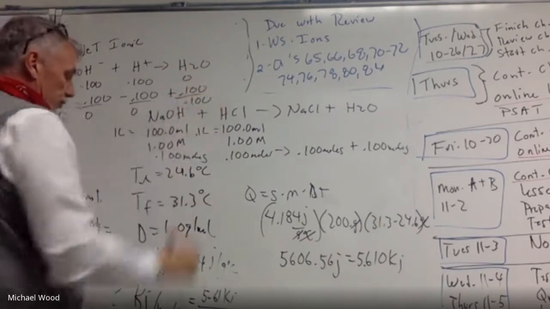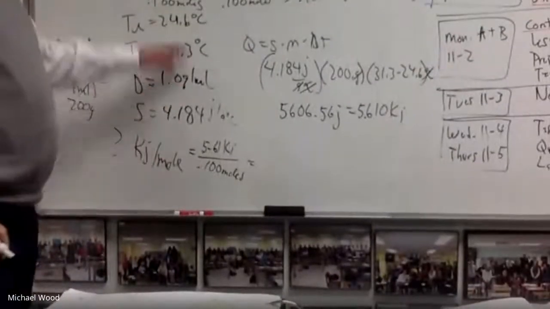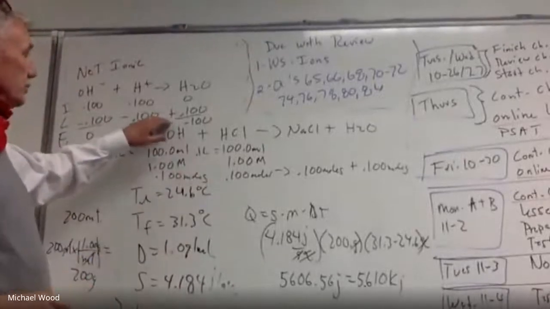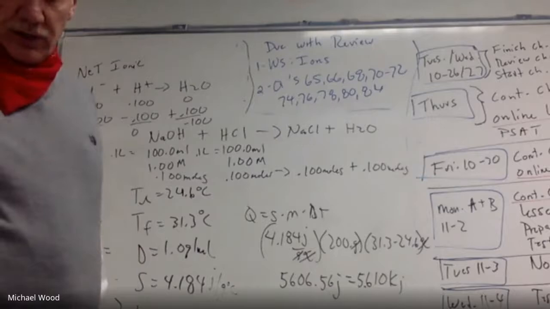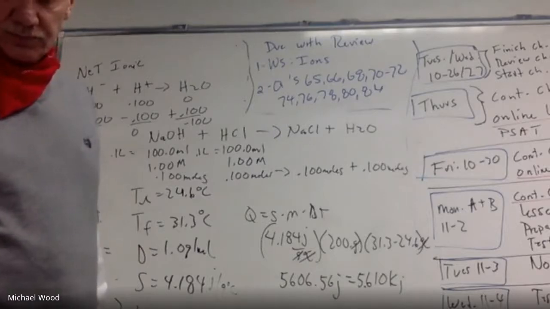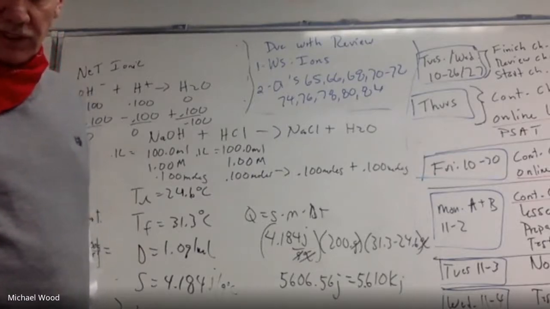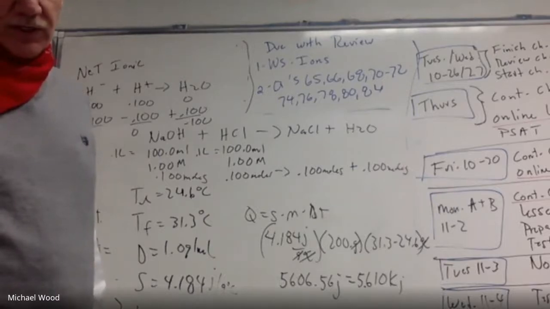So down here on the bottom, I'm defining moles as the moles of product produced in the net ionic equation. If I take that 5.61 divided by 0.1, it gives me 56.1.